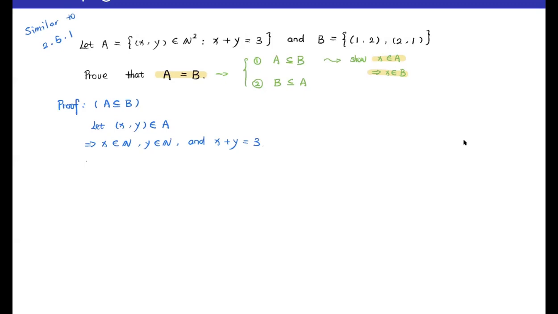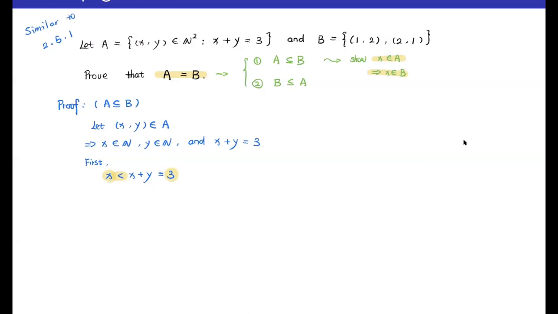Now, notice that our x is strictly less than x plus y. Why is that? Because our x and our y are natural numbers, which means they are both positive. So x is strictly less than x plus y because y cannot be 0, so they cannot be equal, which equals 3. This means our x is less than 3.